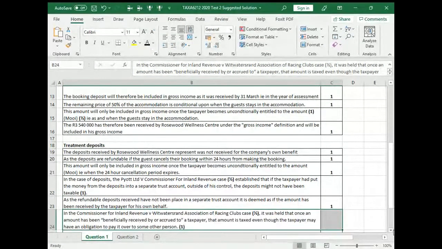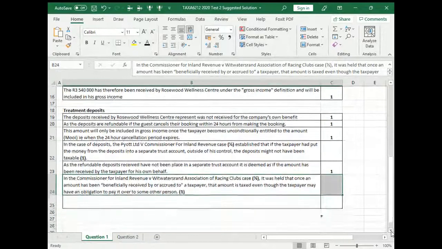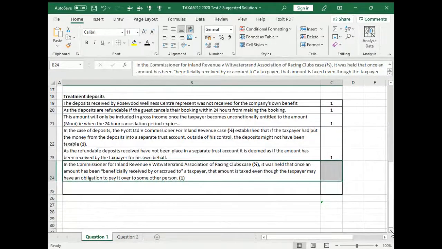Then you go on with the Witwatersrand Association of Racecourse case, which says that once an amount has been beneficially received by or accrued to a taxpayer, the amount is taxed even though the taxpayer may have an obligation to pay it over to some other person. So even though they might potentially have to pay it back, it will still be included.